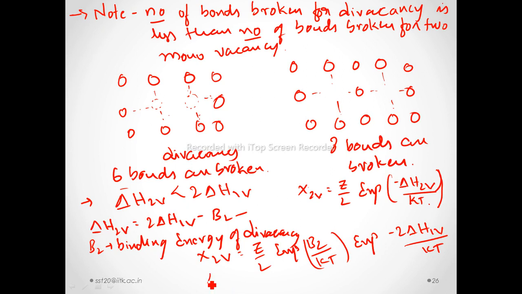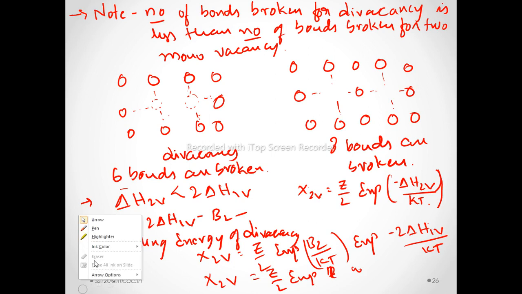Then finally the final expression will look like x2v equals z by 2 exponential of B2 divided by KT, times x1v whole square.